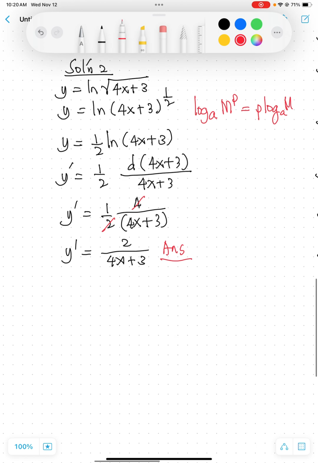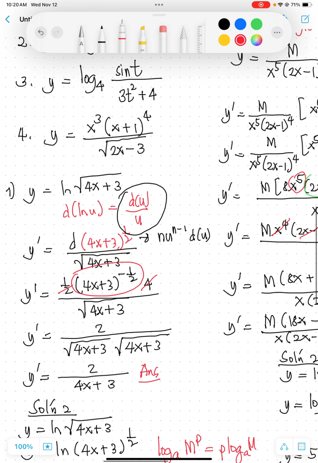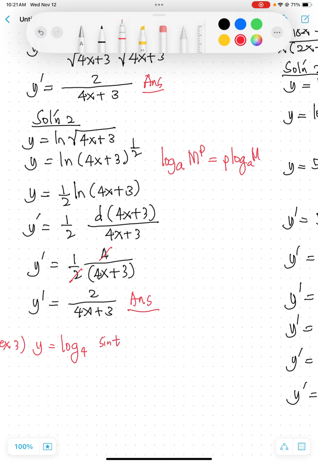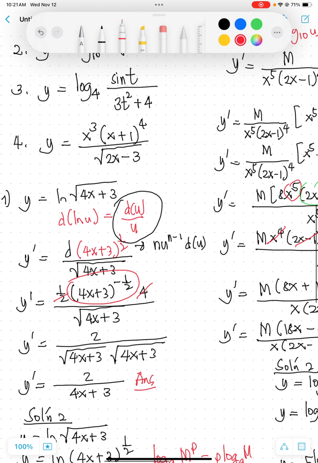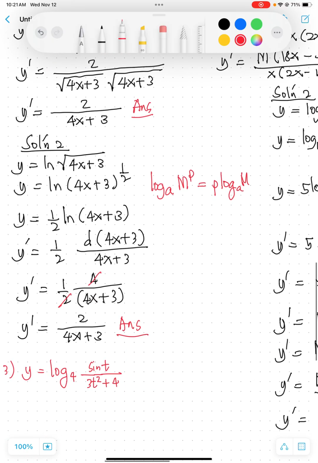So this is example number 3: y equals log to the base 4 of sine t divided by 3t squared plus 4. Let us see the problem again.